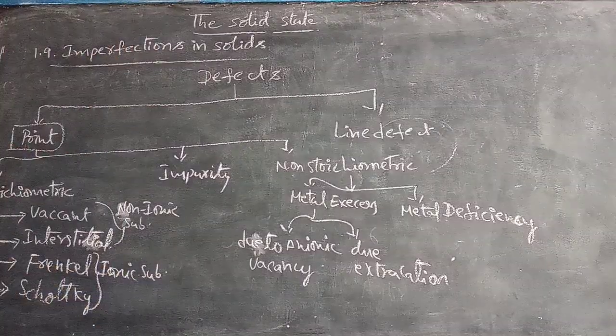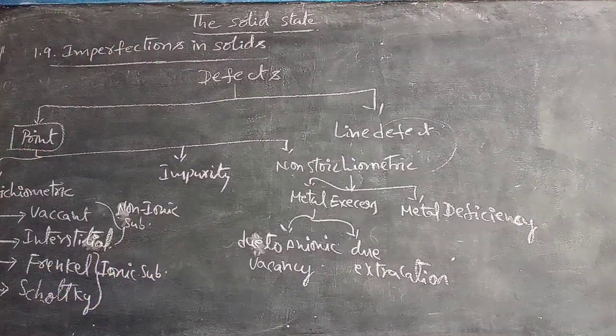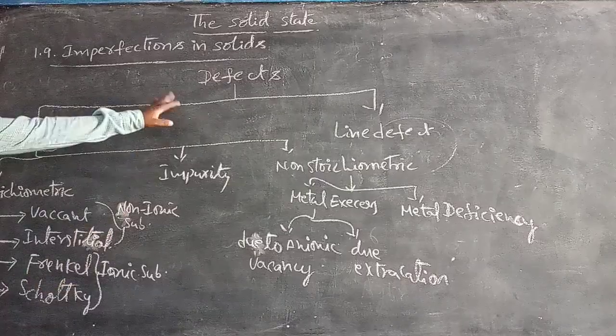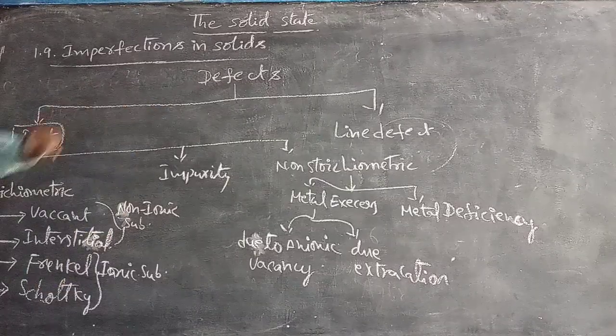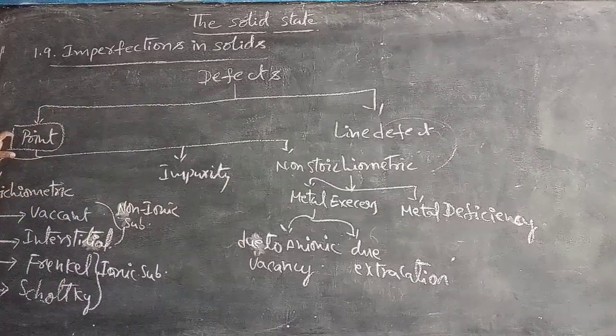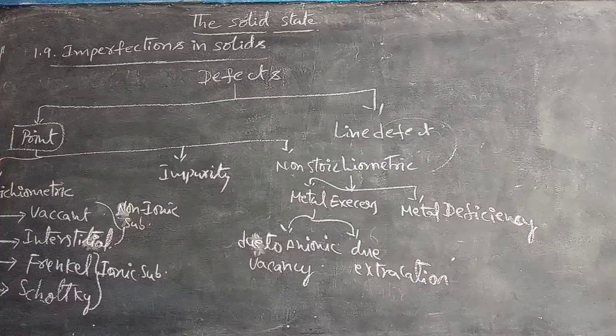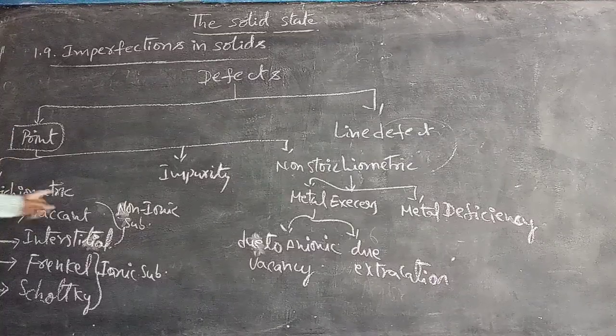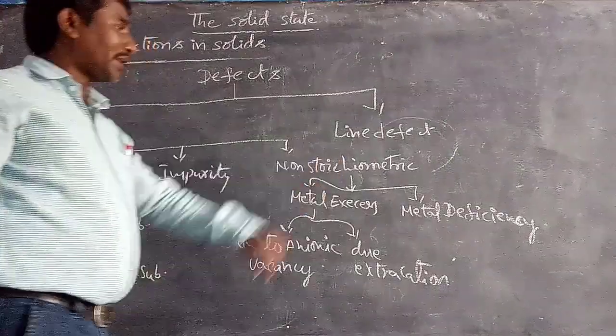This is the schematic diagram of defects. Defects are of two types, point and line defects. Point defects we will discuss in this chapter only. That is divided into three types: stoichiometric defect, impurity defect, and non-stoichiometric defect.